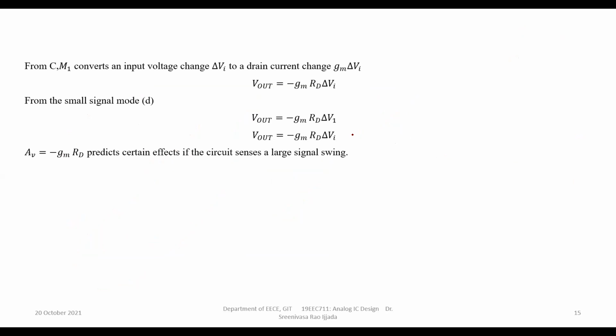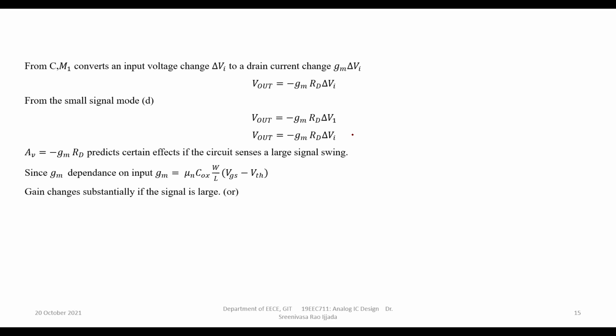Whatever the gain, I already explained that. When the voltage swing changes, what happened? Your AV value changes, since GM depends on the input, so the gain changes substantially if the signal is large. If the gain varies significantly with the signal swing, then the signal operates in the large signal region.